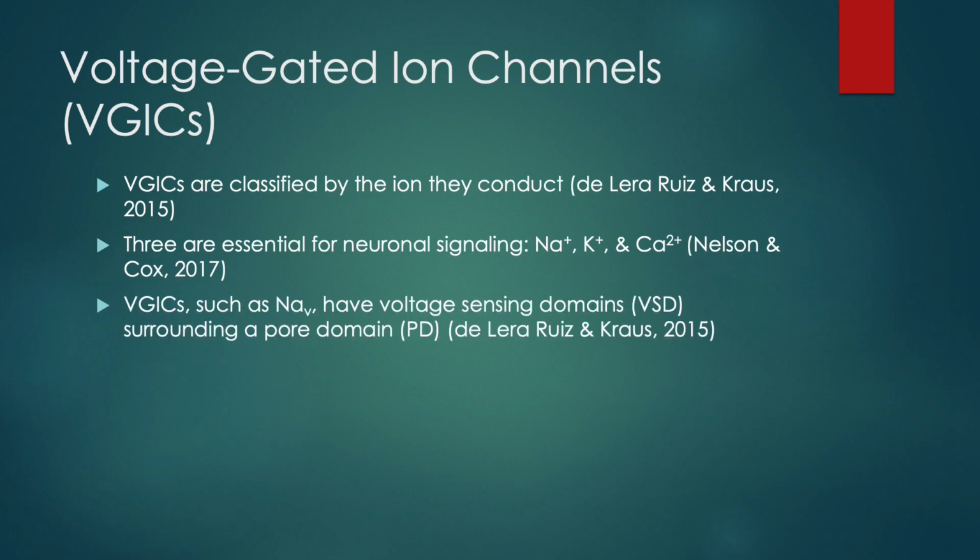And voltage-gated ion channels such as the sodium have voltage-gating sensing domains. So there's basically two different domains on these voltage-gated ion channels. One is a voltage sensing domain, and it surrounds the pore domain, which basically is where the ion will go through once the voltage sensing part of it causes the pore to open.